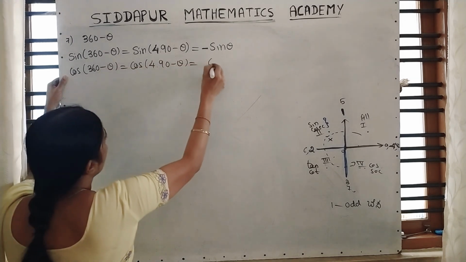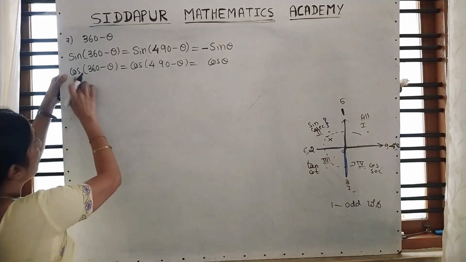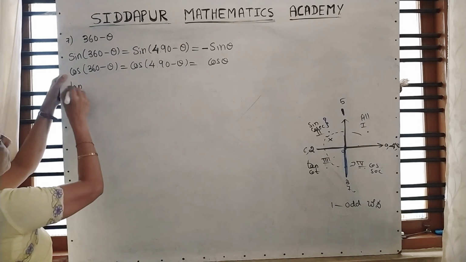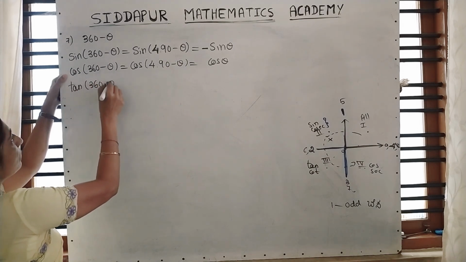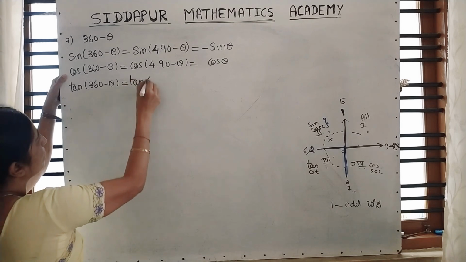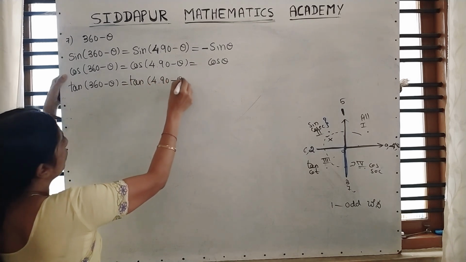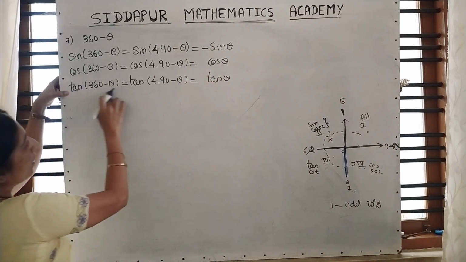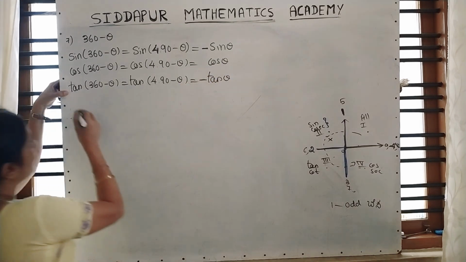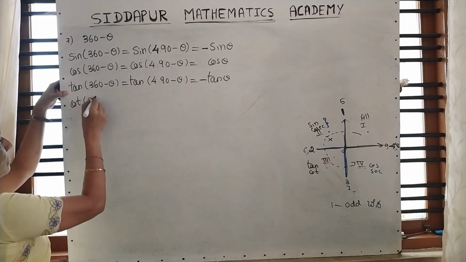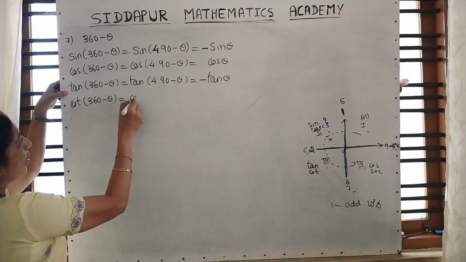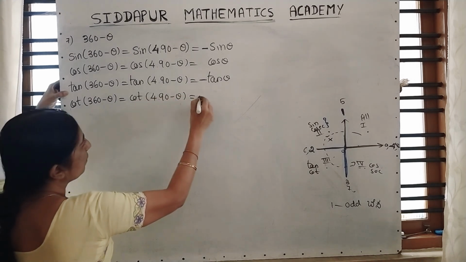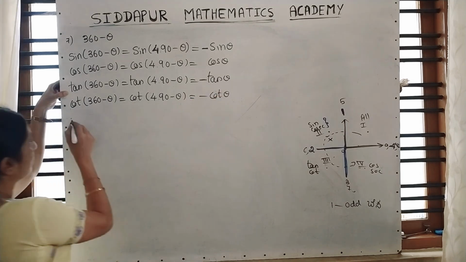Four is even, cos theta. We started with cos. Cos is positive, so the answer is positive. Four is even, tan remains tan. We started with tan. Tan is negative in the fourth quadrant. Even cot is also negative, and 4 is even, so minus cot.